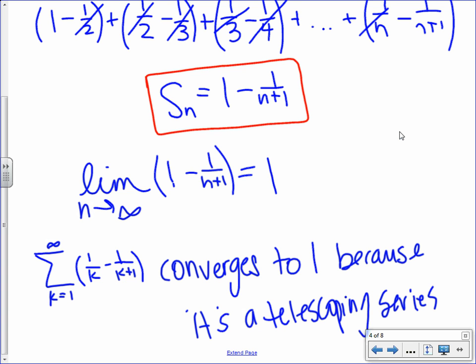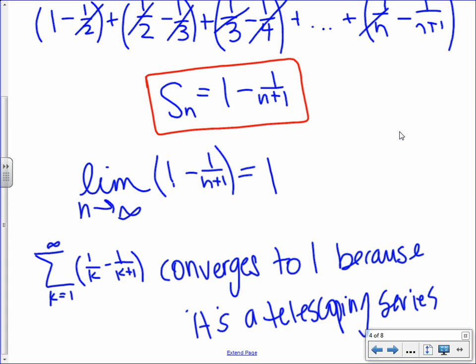You actually know how to determine whether a series converges or not, and you actually learned it back in Algebra 2. So let's think about it. What kind of sequences and series did you work with in Algebra 2?